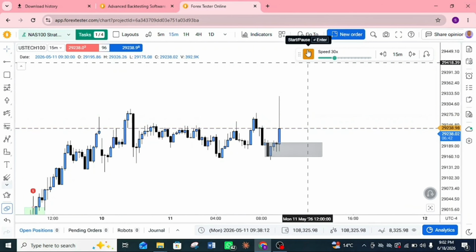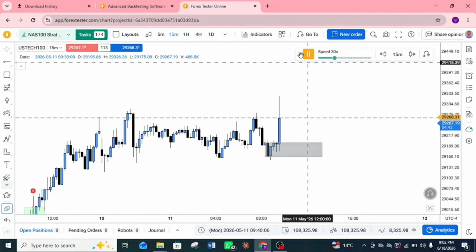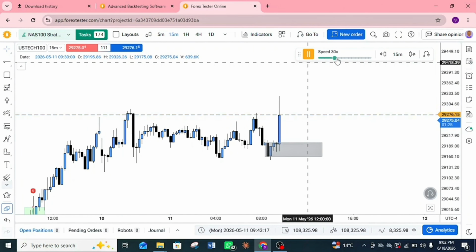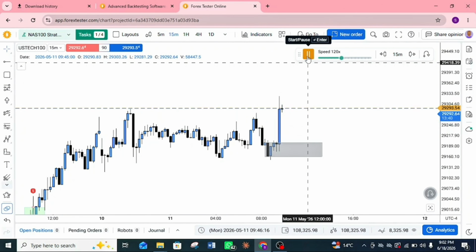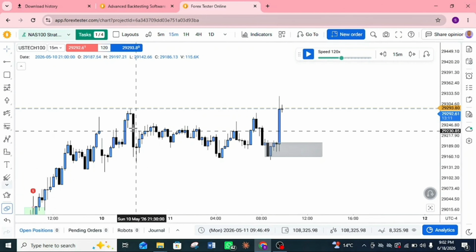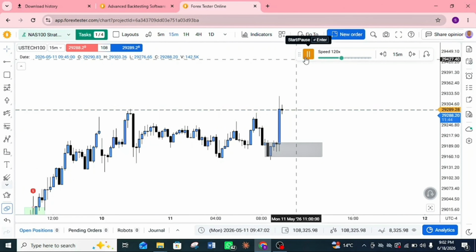Okay, price seems like it's retracing. Okay, this is 9:45. That's when we get a new candle. And increase the speed. Okay, so we want price to come back down to this order block, but I will most likely not trade on this day.